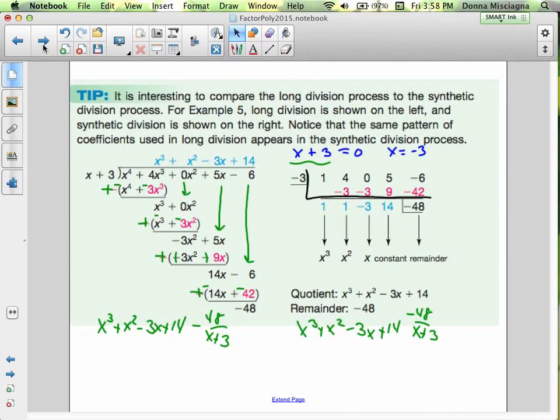Notice we have to subtract, so it's a negative 3x cubed. So notice we have a negative 3 under the 4. So you see the 4 and the negative 3 on the long division, 4 and negative 3 on the synthetic division. And then if you look one line below that, you see we're adding 0 and negative 3 on the long division. And now you look to the synthetic division on the right, 0 and negative 3.